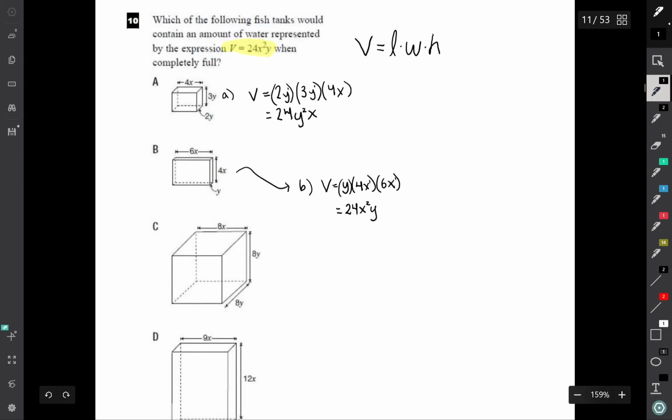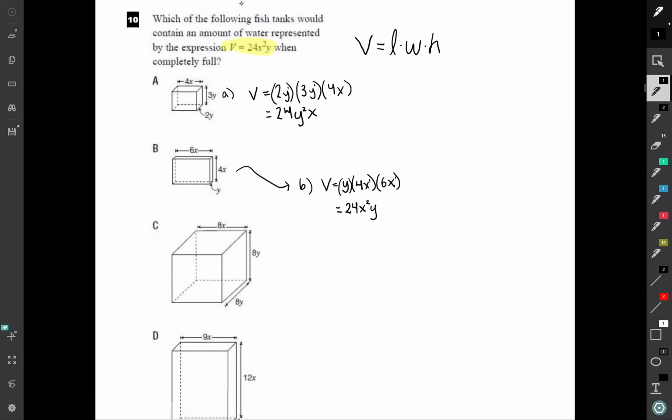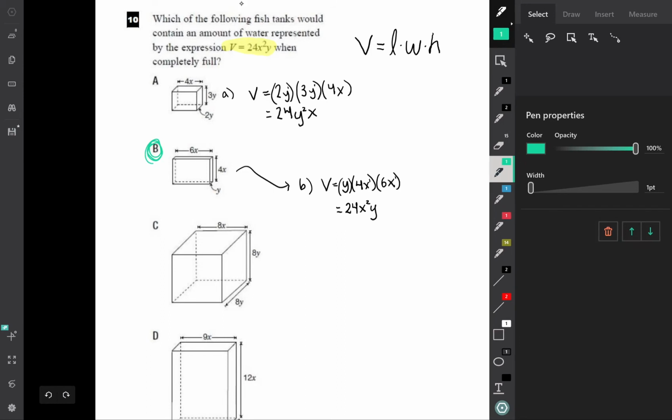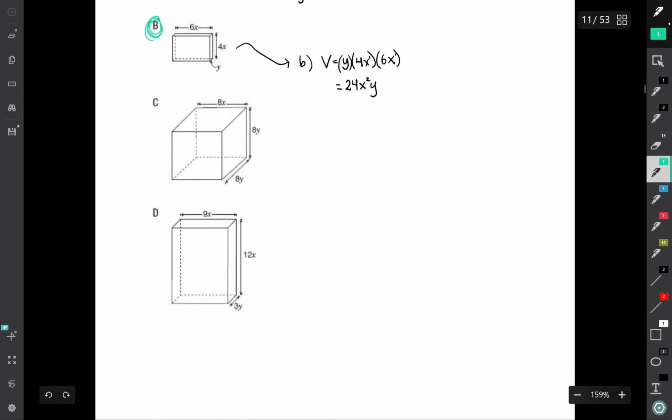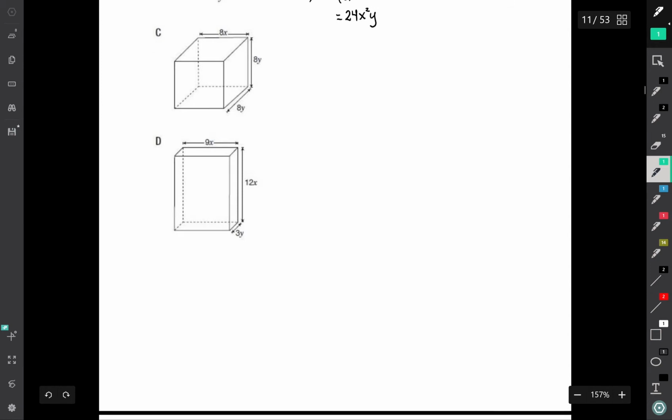Okay, and that's the expression for volume that we're looking for. So we can just stop here, and we know that the answer is going to be B. All right, let's go ahead and move on to the next problem.